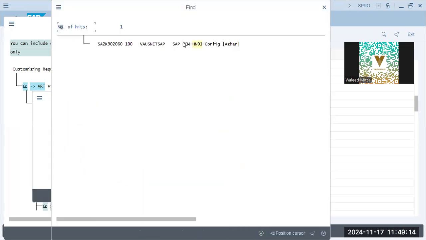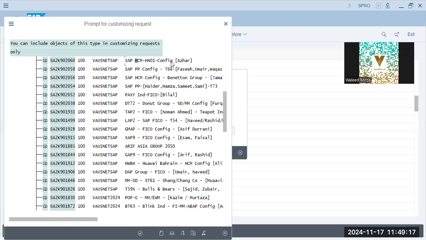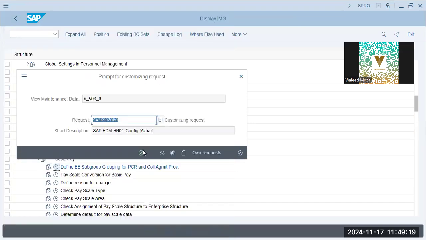Section 01. So this applies to payroll calculation and payroll calculation rules.